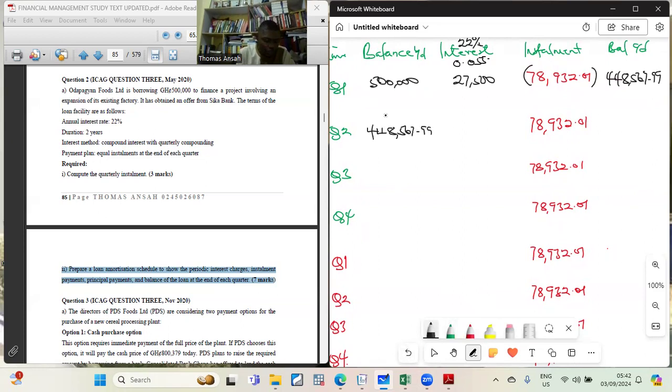Then I'll calculate my interest, multiply by 0.055. Interest is 24,671.24 rounded. So that is what I have. Now, then I take off this. So plus 448,567.99 minus 78,932.01.